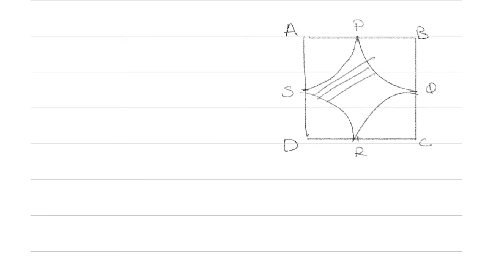Here we are given a square ABCD, and we have midpoints P, Q, R and S, and we have these arcs, and this is the shaded region.